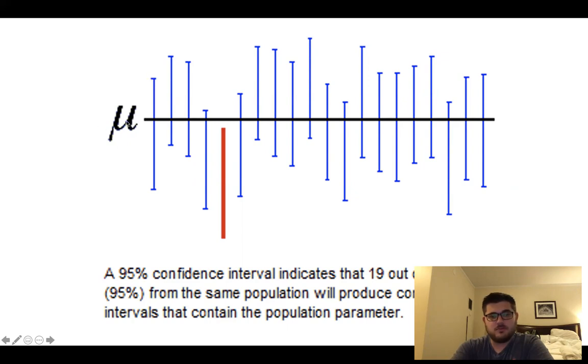You don't know where the real mean is. You say it might be somewhere up here, might be somewhere down here. Your sample estimate is going to be in the middle. So if the middle of your interval is right here, that means you missed the real value by just a little bit. And the confidence interval will say, yeah, you observed it right here, but it might be down here or up here.